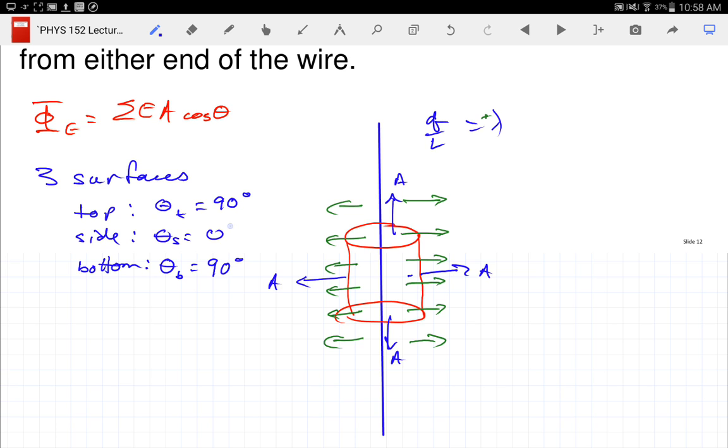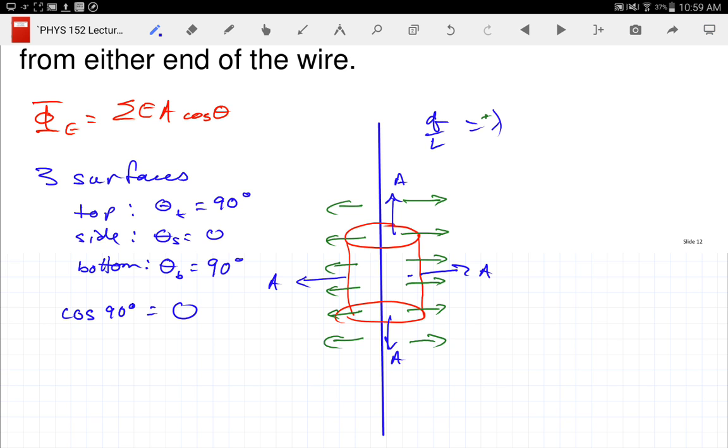Now, what is cosine of 90 degrees? Cosine of 90 degrees is 0. So that means I'm going to have my electric field times area times 0 for the flux from the top surface and the bottom surface, because the electric field lines are not going into or out of my Gaussian surface on the top or bottom. They're just buzzing it. They're not going in or out.